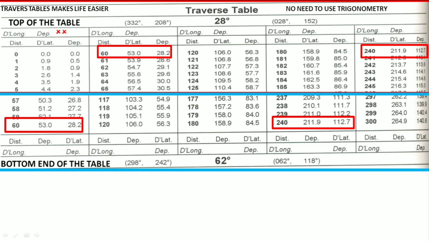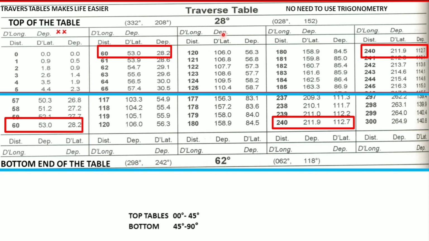Now here, if you look at it, the tables are on the top. We have the tables from 0 to 45 and the bottom part is from 45 to 90. That is the sum total of both from top and the bottom is 90 degrees. So you have 45 degrees from 0 to 45 on top and 45 to 90 at the bottom.